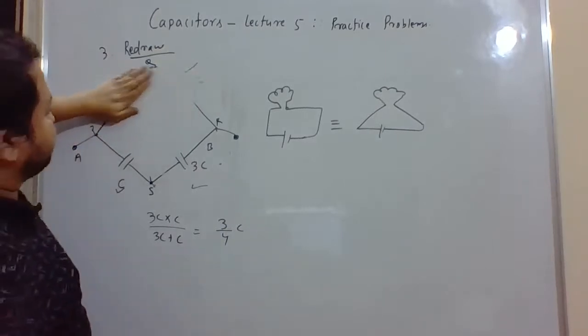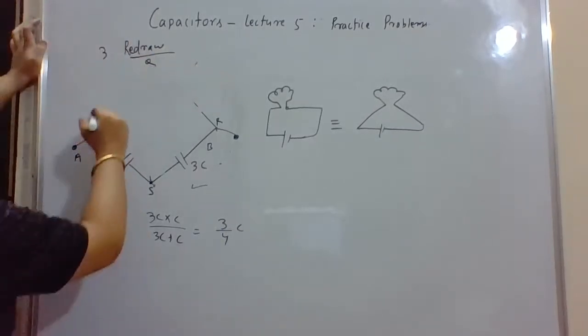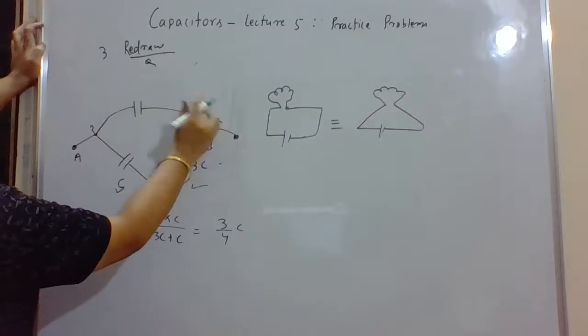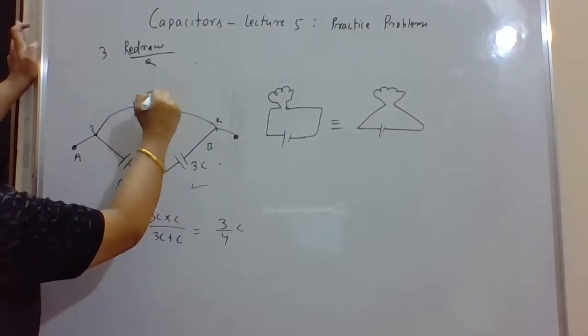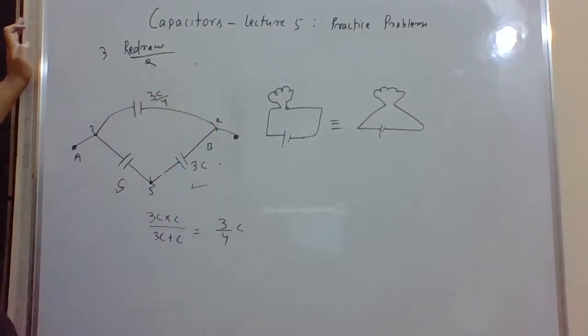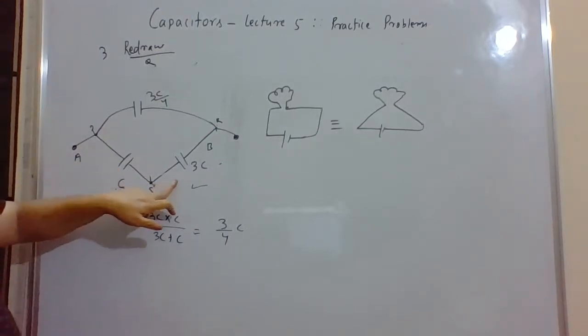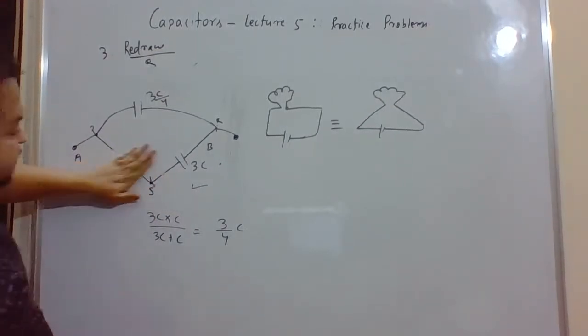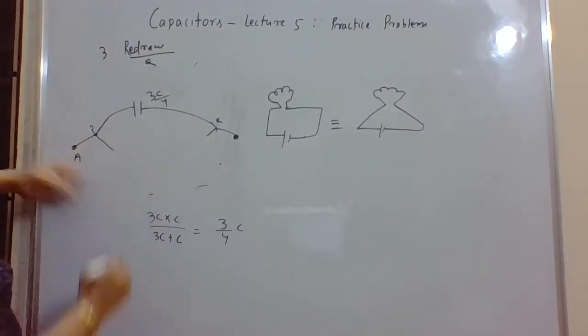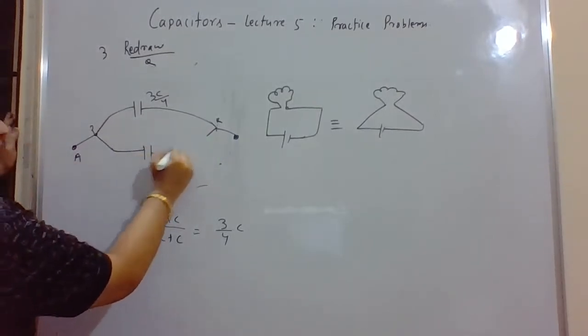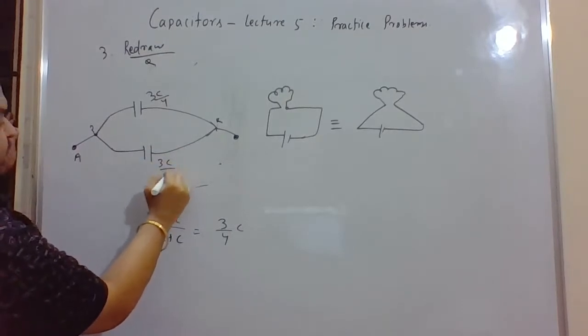So I can remove both of these and put 3C by 4 here. Similarly, in the lower half also, these two are in series with the same numbers, so I can put one simple 3C by 4.